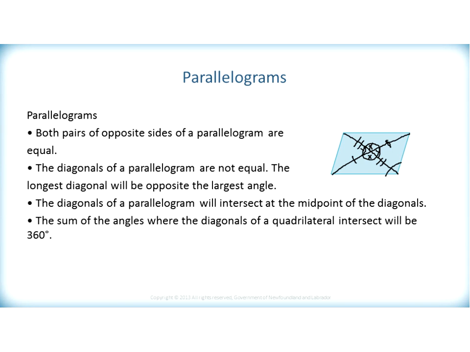What you'll notice is that the number of properties that are the same from one quadrilateral to the next seem to be dropping in number. So we still have that the diagonals intersect at the midpoint of the diagonals, and that the sum of the angles are 360 degrees.